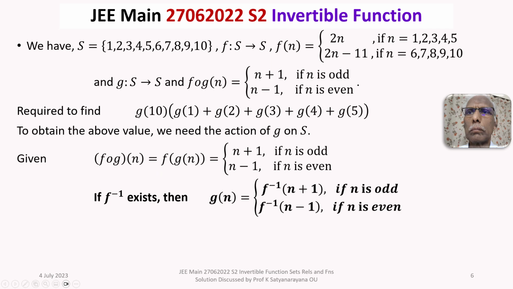So to find g of 10 multiplied by, in brackets, g of 1 plus g of 2 and so on up to g of 5, g of n is known when f inverse is known. Therefore, our first question is: is f invertible? If f is invertible, what is the action of f inverse on the elements of S?